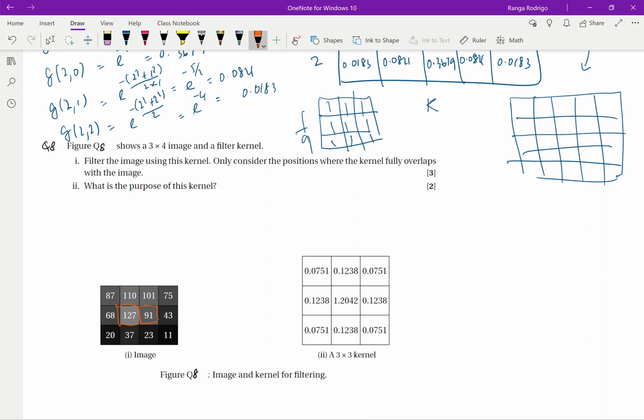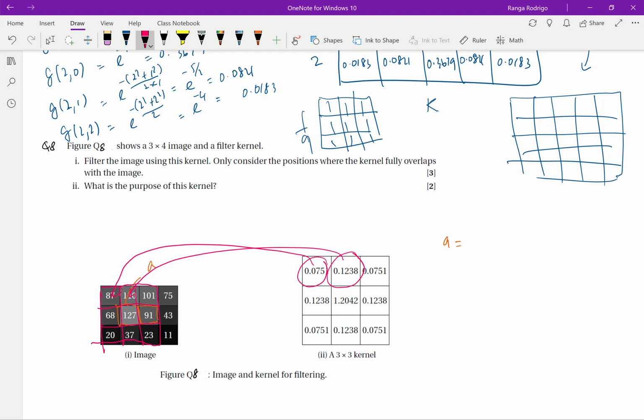Okay, let me call this A. Let me write the answer for A. So now we locate the window in this fashion, kernel in this fashion, and then this element gets multiplied by that, this element gets multiplied by that, and so on.